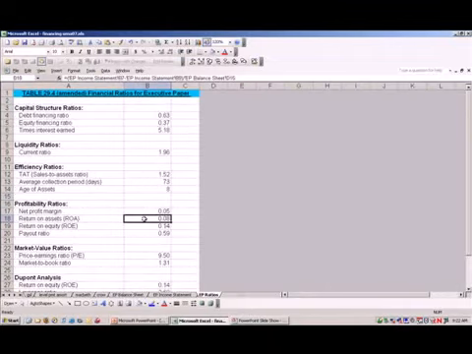So our return on assets calculation yields an 8% return. The interpretation is that Executive Paper is able to earn a return on its assets of 8%, or return on its invested capital, including debt and equity, of 8%.